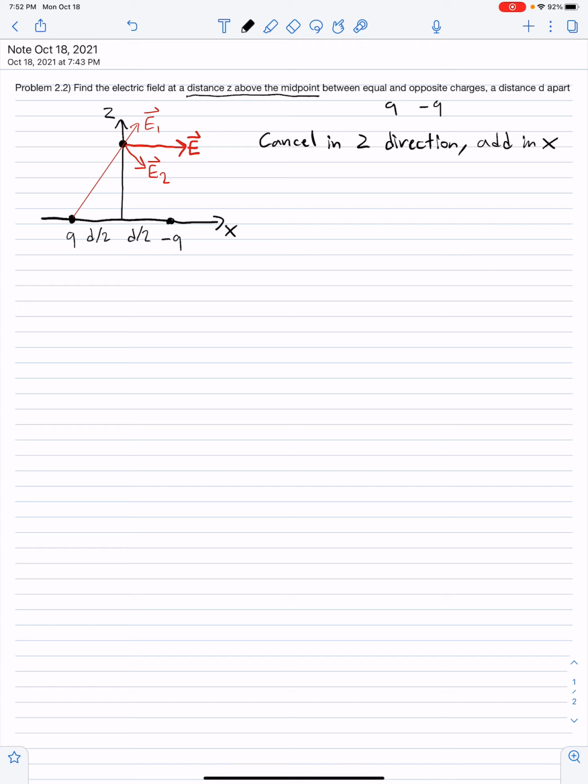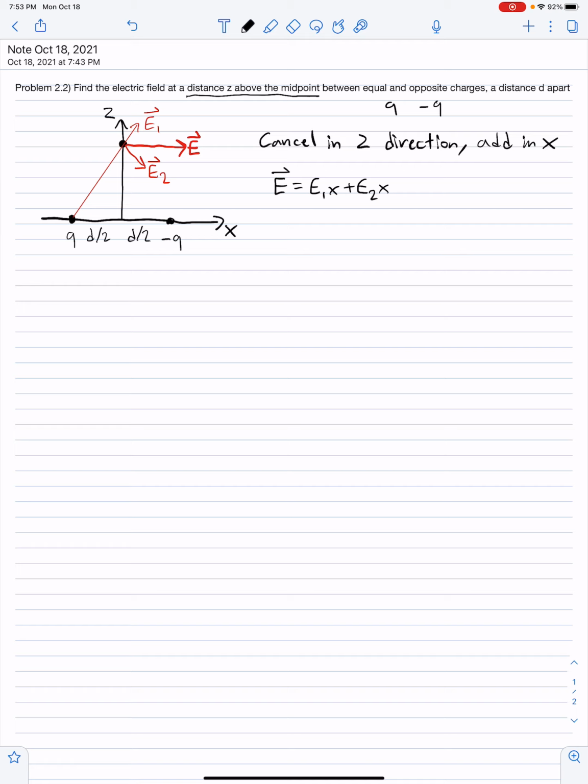Okay, so using superposition, we can say that our electric field is equal to the x components of both E1 and E2.